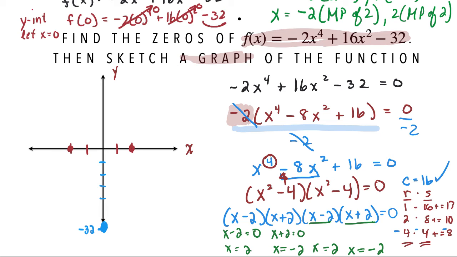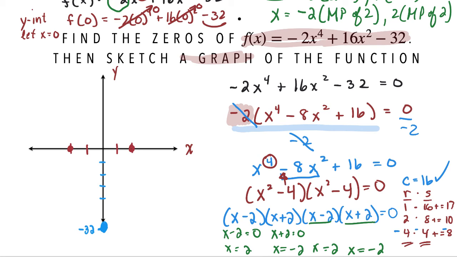So now I know it has to go through that. Let's see, what else do I know about this function? Ooh, I know it's even. So I know the ends have to go in the same direction, because that's its highest degree, or the degree of the polynomial, and it's even. So it's either doing this on the right and this on the left, or it's doing this on the right and this on the left. My lead coefficient is negative, and that means it's going to do that right there.